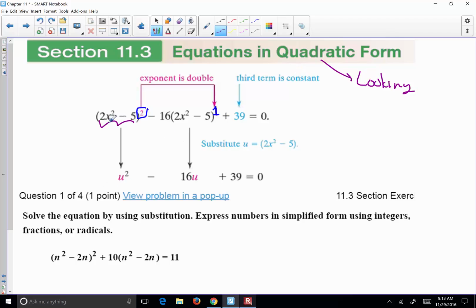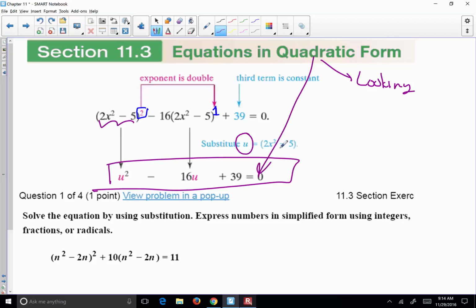If you substitute, replace 2x squared minus 5 by u, look what it turned into. At first it wasn't quadratic, but when I make a simple replacement, it turned into quadratic now.